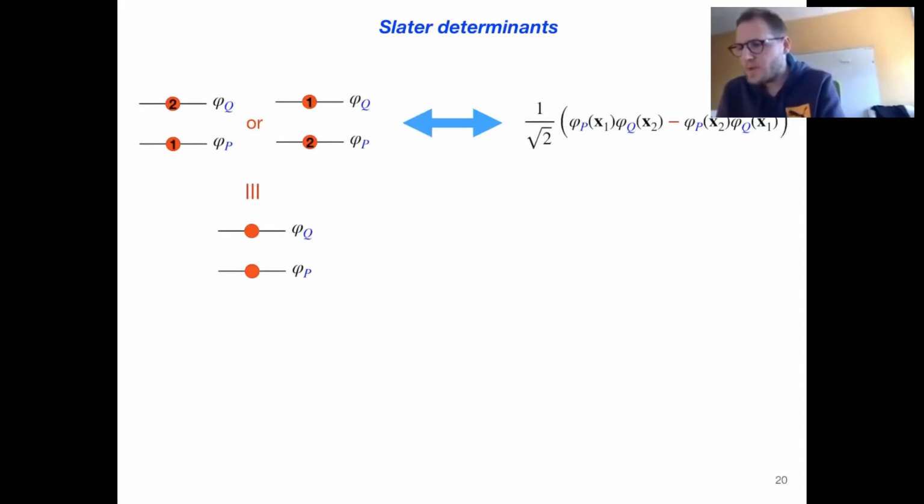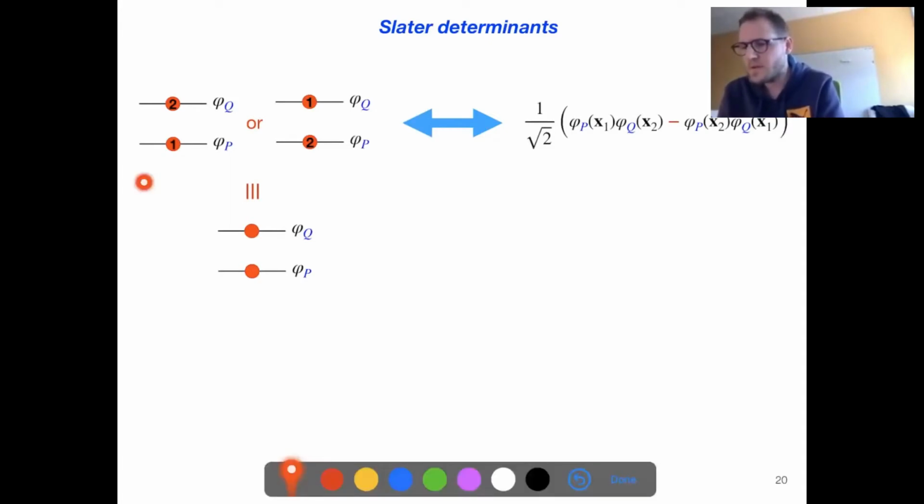That's what I'm showing now with this drawing: if I want to say that my electrons cannot be distinguished, I should consider either this situation, but also the reverse situation where I change the labels of the electrons. In that case, electron 1 would occupy the spin orbital phi q, and electron 2 would occupy the spin orbital phi p. If I do that, I don't need to distinguish electron 1 from electron 2 anymore. So I would simply write this drawing, okay?